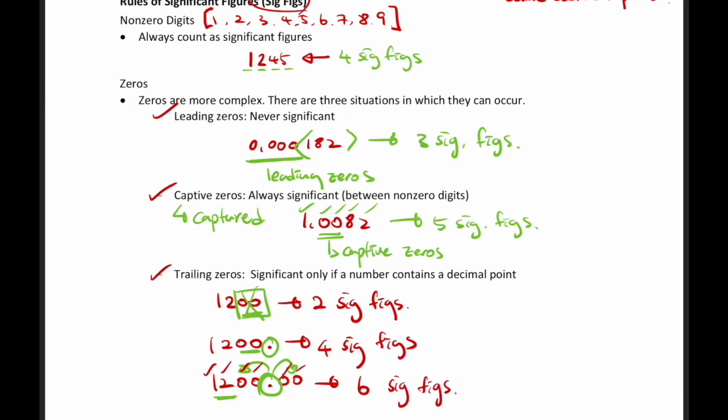When you have scientific numbers such as 1.200 times 10 to the 3, we don't care what comes after the multiplication sign. We just want the main number, how the main number looks. In this case, we have captive zeros, so we have 1, 2, 3, 4 sig figs.